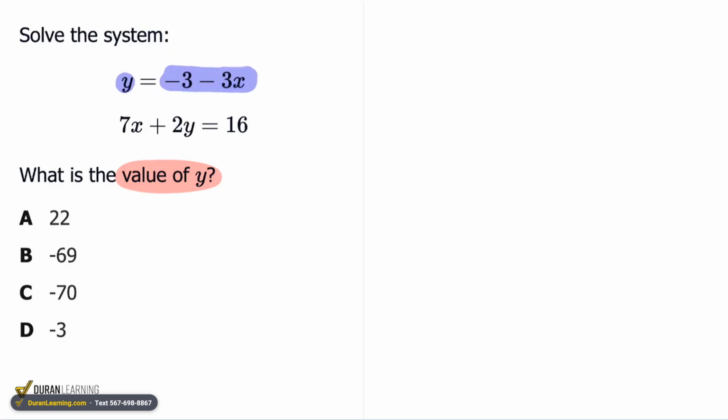Now, in a system of equations, everybody, if this y right here equals negative 3 minus 3x, what can we replace that y with as well? If the y up top is equal to negative 3 minus 3x, then the bottom y can also be replaced with what?